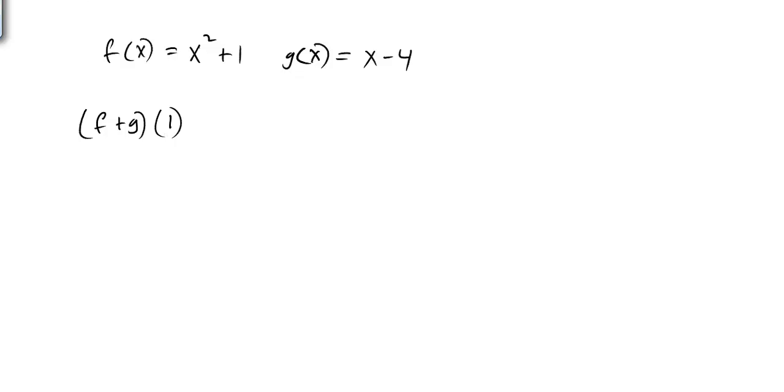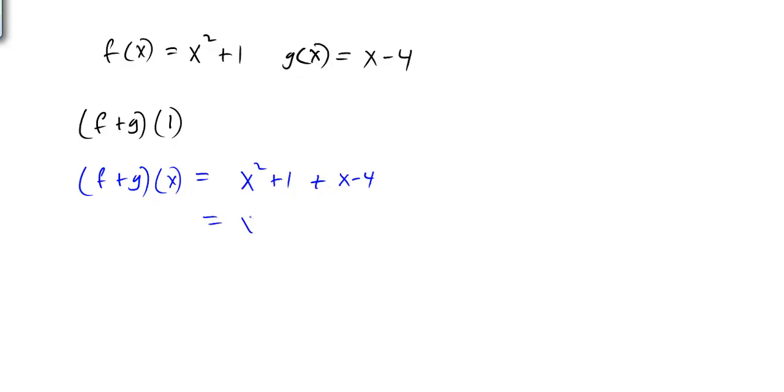There's two ways to think of this problem. Well, the first step is we could find f plus g of x. We could do that first. If we do that, that means we're going to have x squared plus 1 plus x minus 4. Now again, here we would have these in parentheses, but because we're adding, they're not really needed, so I'm going to leave them out.